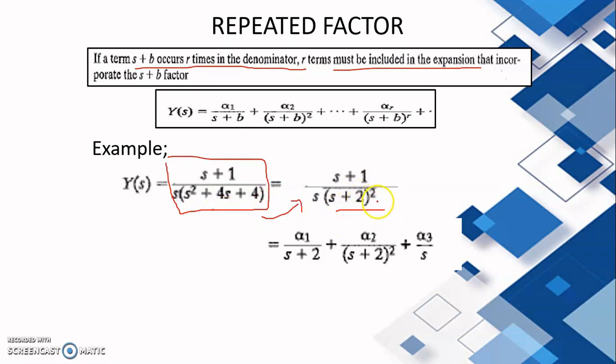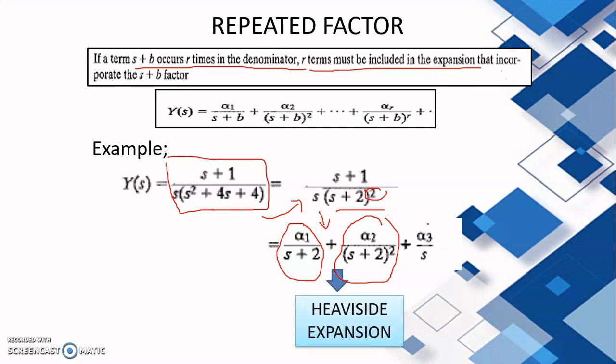When we have a square, in order to solve this, you must write the r terms first. Meaning you must split it into a1 over s plus 2, then the squared term. So don't forget to put in a single term and then follow with the second term. This is how you write for repeated factors. After that, you can solve using Heaviside expansion or other methods to solve for alpha 1, alpha 2 and alpha 3.